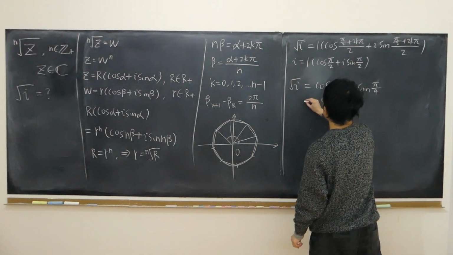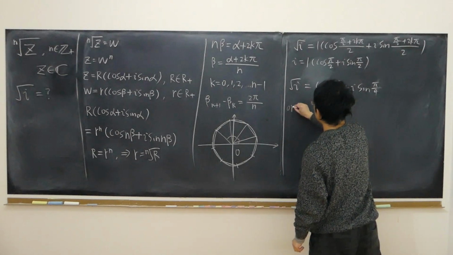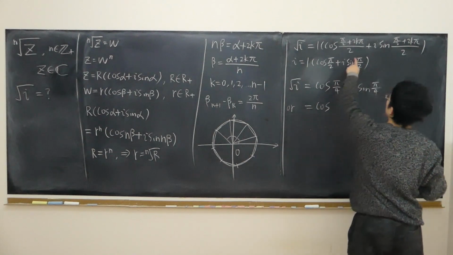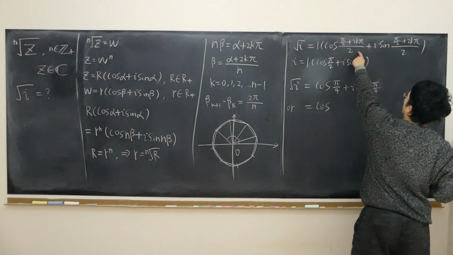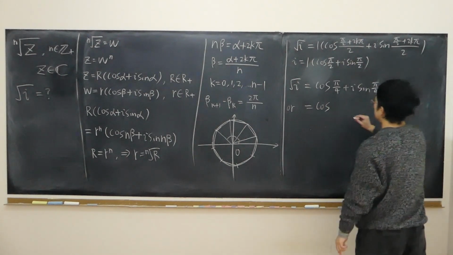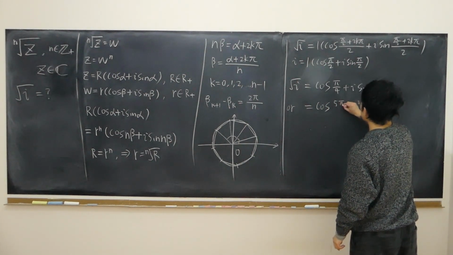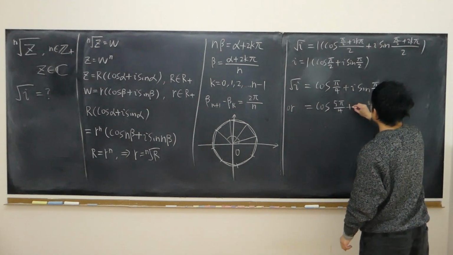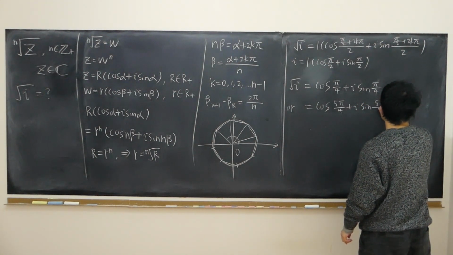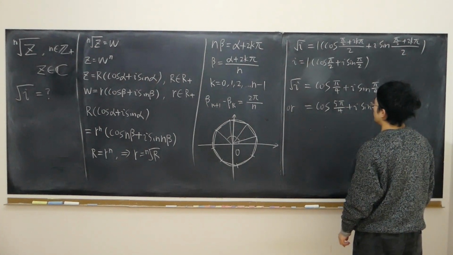Alternatively, k is equal to 1: half pi plus 2 pi, that's 5 pi over 2, so 5 pi over 4, cosine 5 pi over 4 plus i sine 5 pi over 4. So two solutions.